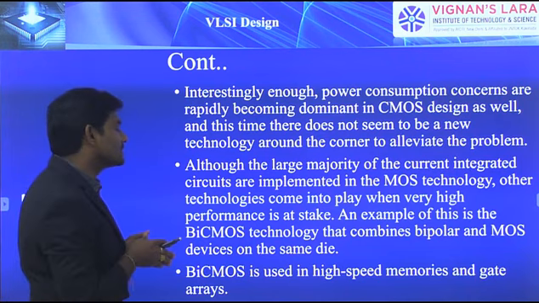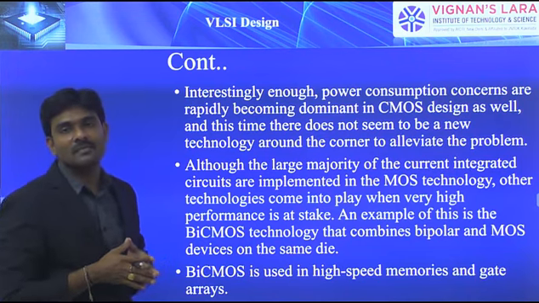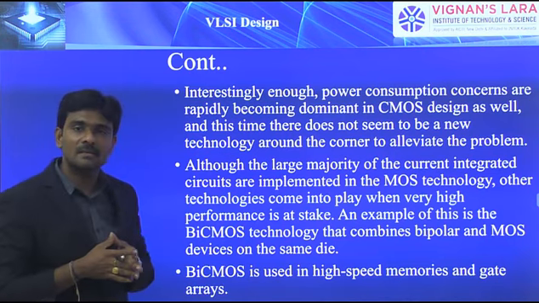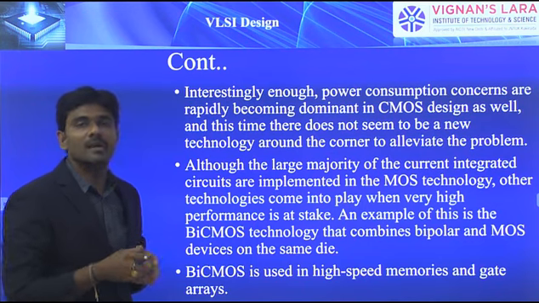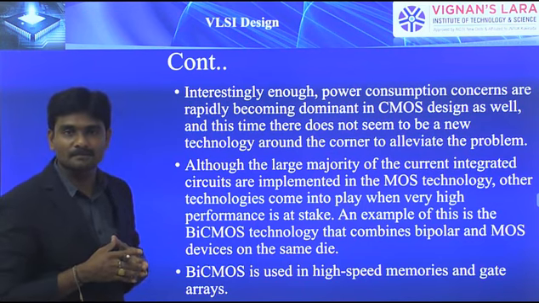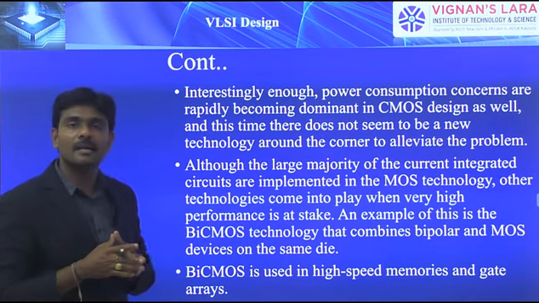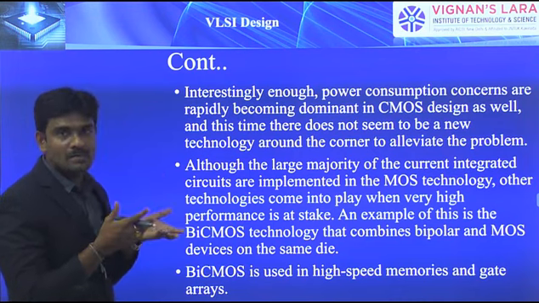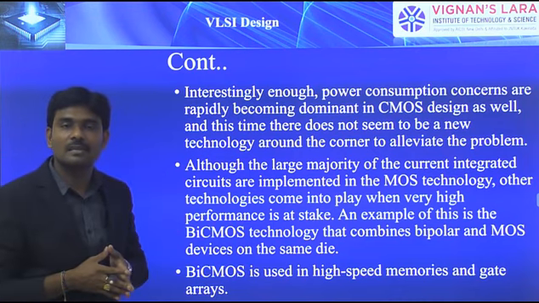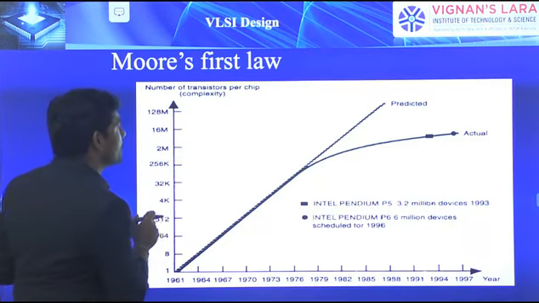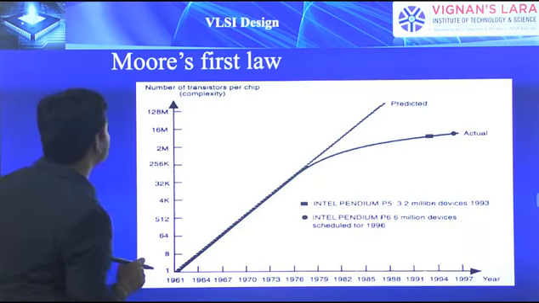So the majority of ICs are made up of CMOS technology only. Throughout this VLSI course also, we are mainly going to focus on CMOS technology only. So this is the introduction to IC technology, how digital circuits emerged, and finally how it reached CMOS technology.